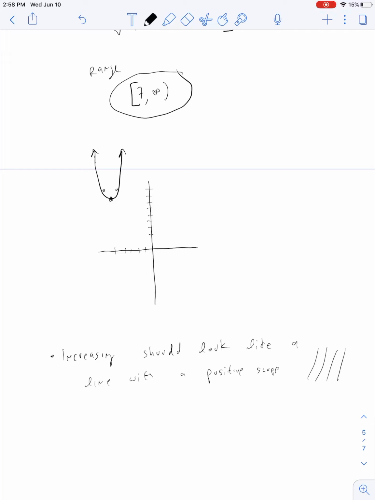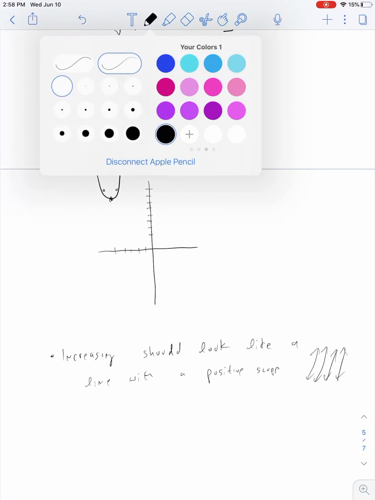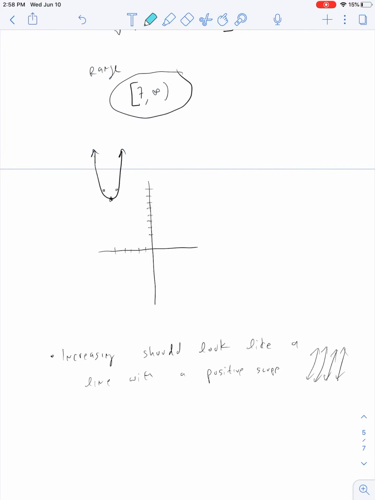So it should look something like this, right? And what we see is from here, it looks like it's going up. So when it's increasing, we look at our vertex. This value, remember, was a negative 5. So it looks like it's increasing from negative 5 to infinity.